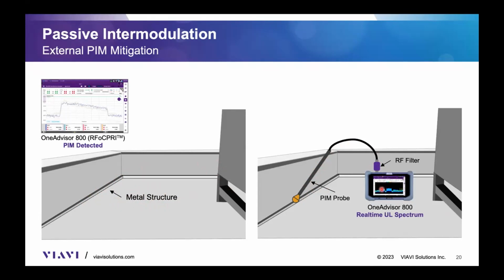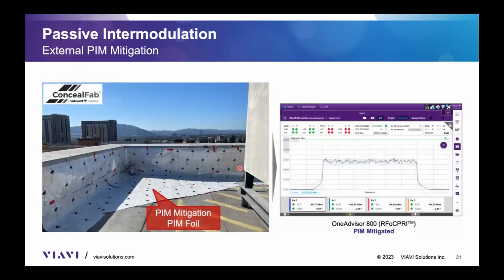And if it happens, then we say, okay, so here we have a problem. It's sending a lot of PIM products out, so we need to cover that or mitigate it. In this example, on this same rooftop, we just put PIM foil that basically is going to be covering those instances. And at the end, after this process happened, as you can see here on my RFoCPRI PIM, the PIM has been mitigated. I don't have any longer any PIM problem in my uplink.